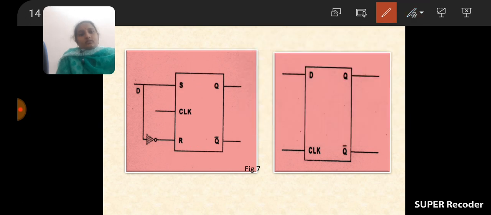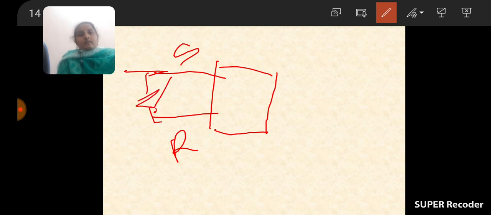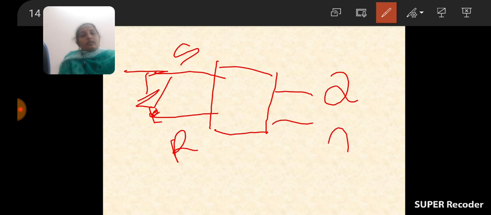Once you check here, how can we construct it? First you take one SR flip-flop having two inputs, and you connect the SR inputs together with the help of an inverter. By using one inverter, if you connect the two inputs of the SR flip-flop together, it forms which flip-flop? D flip-flop.